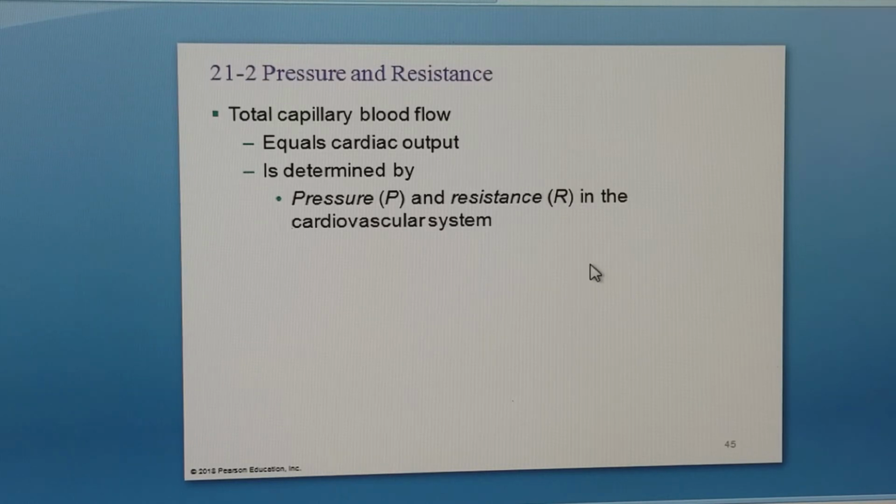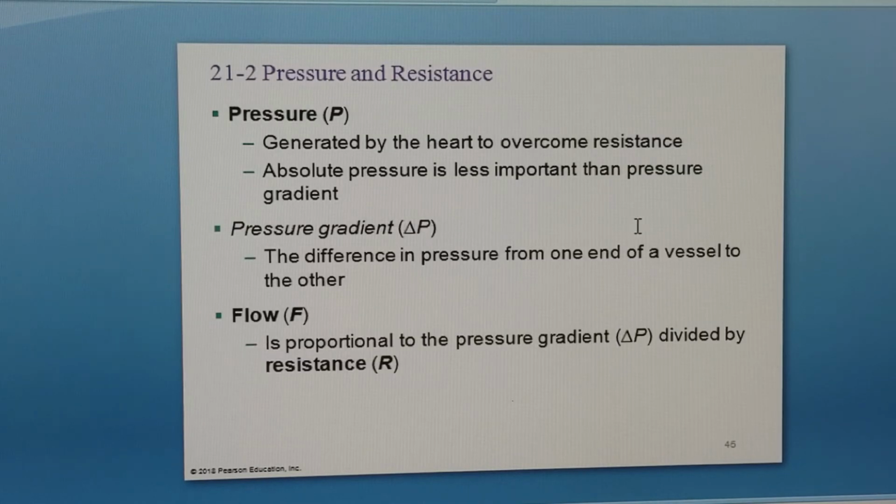Total capillary blood flow equals cardiac output and is determined by pressure and resistance in the cardiovascular system. We'll get in depth into that. Pressure is generated by the heart to overcome resistance.